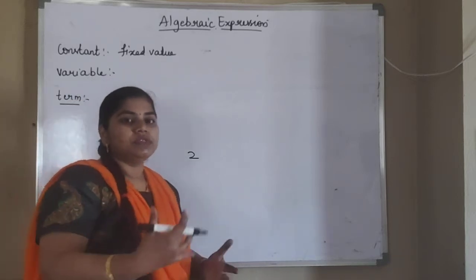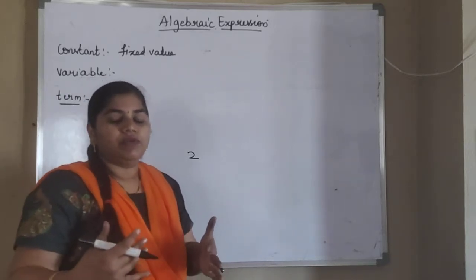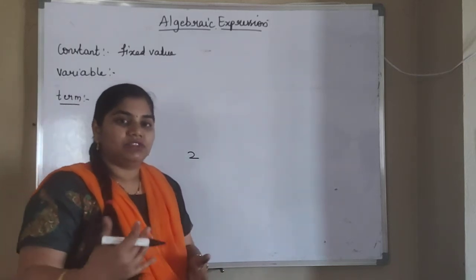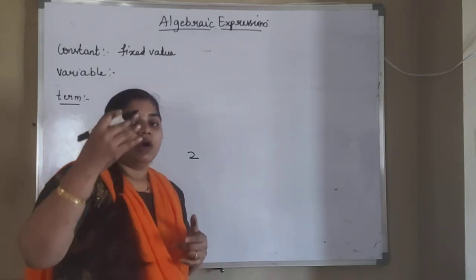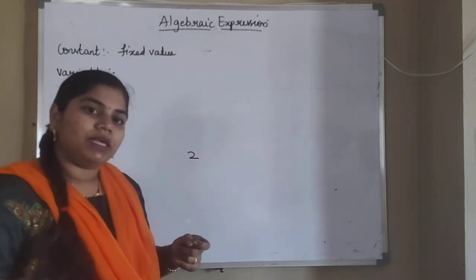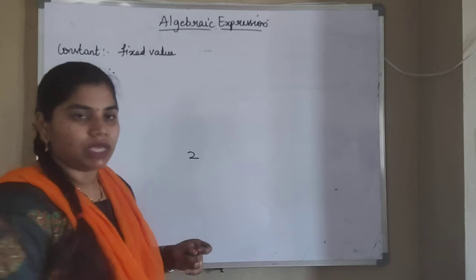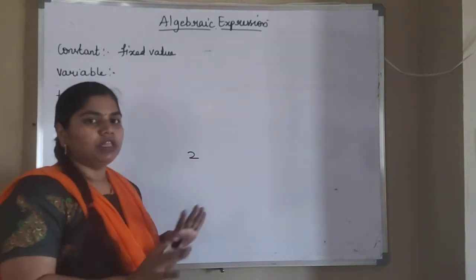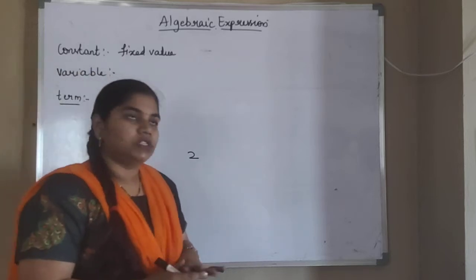The numbers will start from 1, 2, 3. We will not skip that 2. We can't write in place of 2 as 3. We can't start the numbers from 1, 3, 4, 5 and so on. So 2 has a particular place. The 2 is a fixed value there, so this 2 is a constant number. Not only 2, all the numerical values are constant numbers.